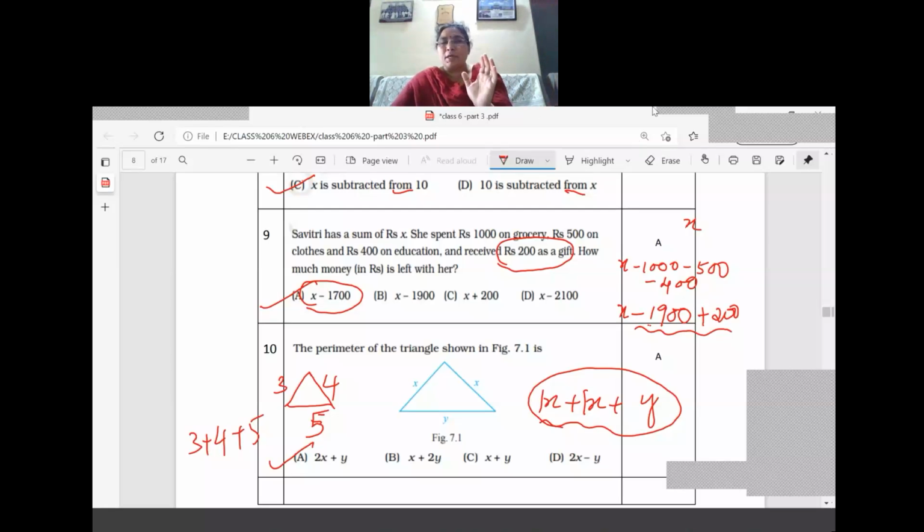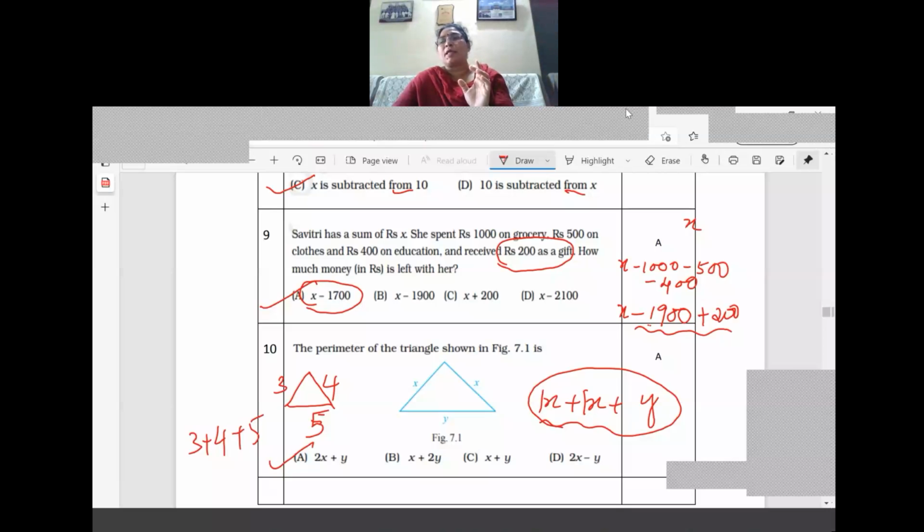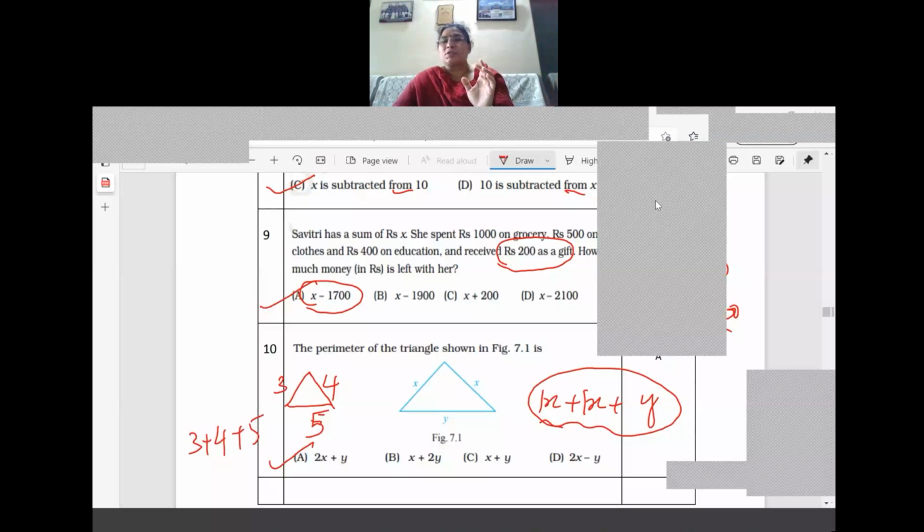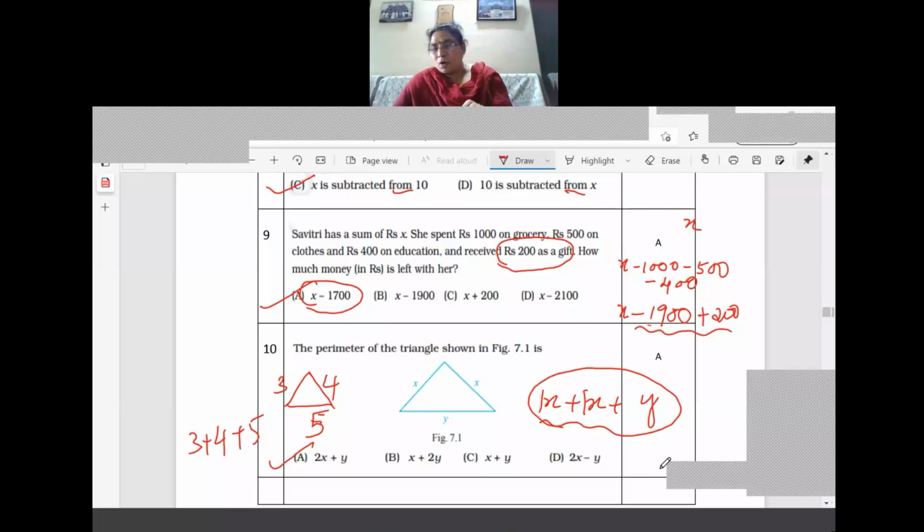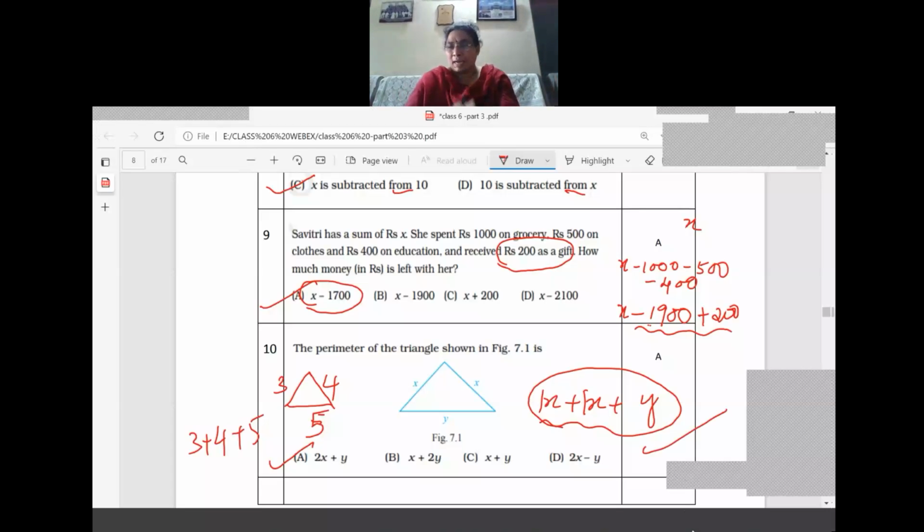The perimeter is calculated as the sum of the lengths of the sides only. So we are adding all the three sides. Here variables are given, so x plus x plus y, and we are getting 2x plus y. At least you must know this thing.